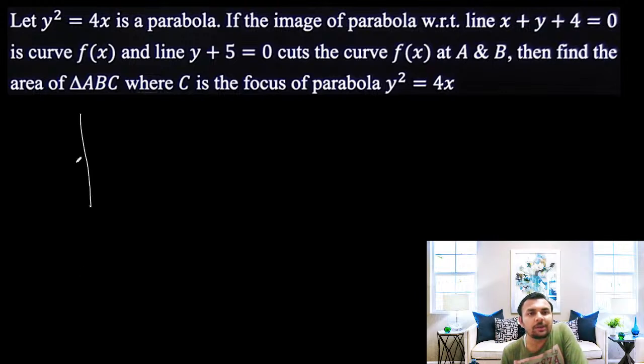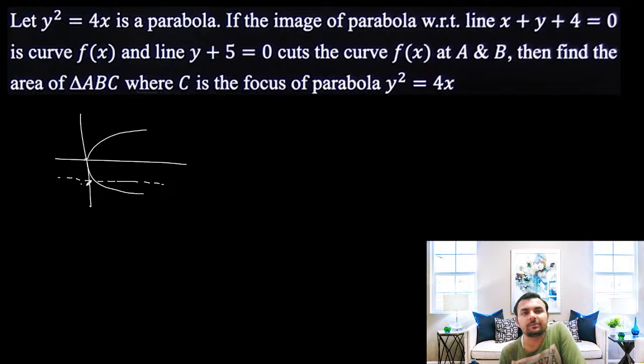So what will happen? We have this parabola. We have a line y equal to minus 5. The line through which we have to take reflection is x plus y plus 4 equal to 0.